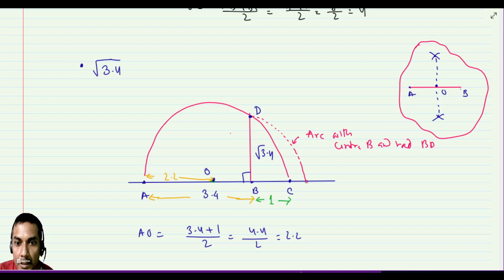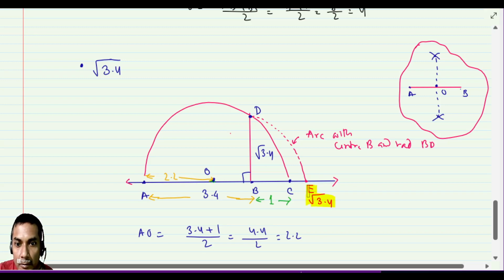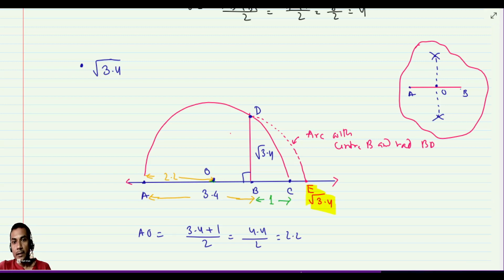You get the point E. This E represents root 3.4 on this number line. Clear? So this way you can find any natural number roots.